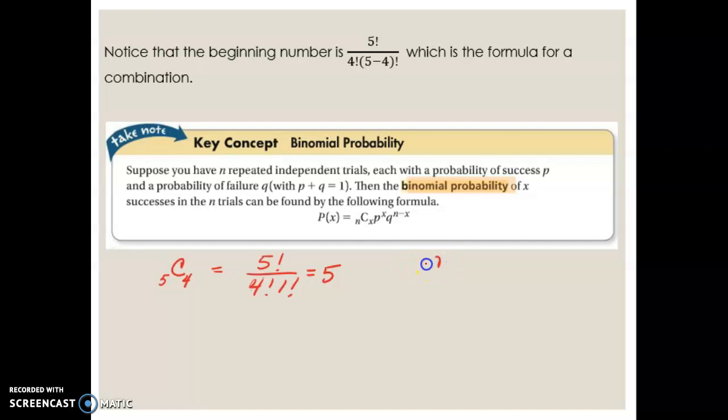So we would have written the previous problem as the combination of 5, 4, times 0.90, which is the probability it would survive, to the 4th, and 0.1 to the 1st. 4 plus 1 equals 5, which is what we did. Okay.